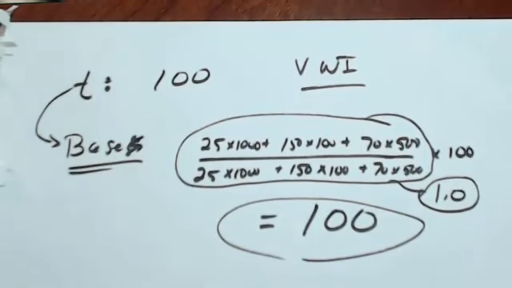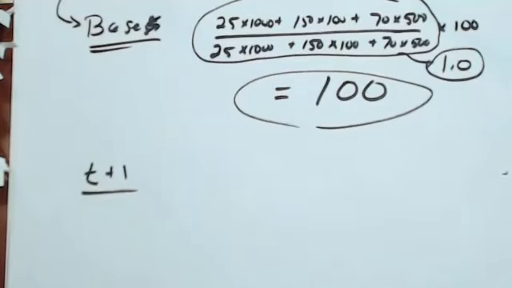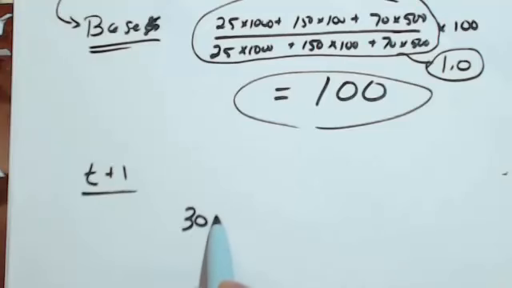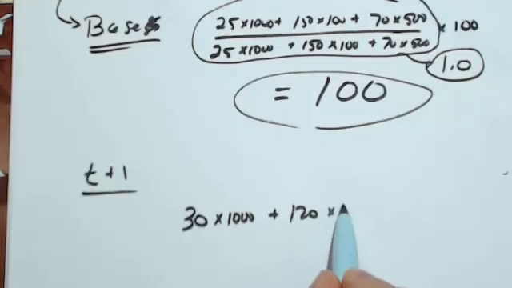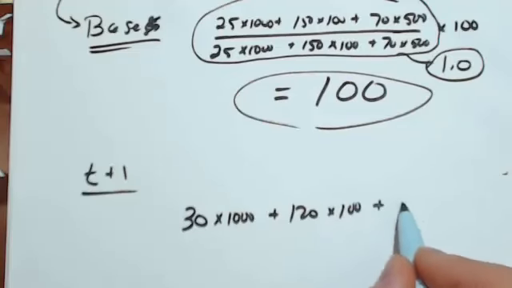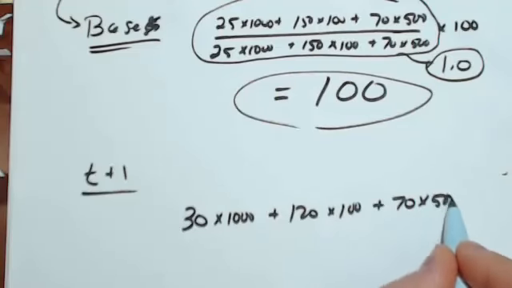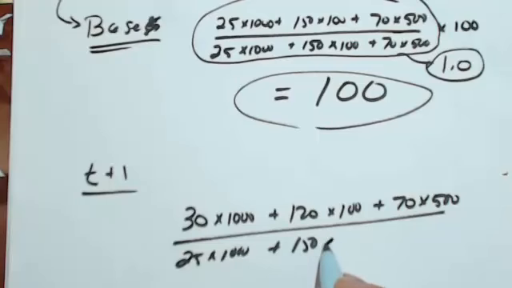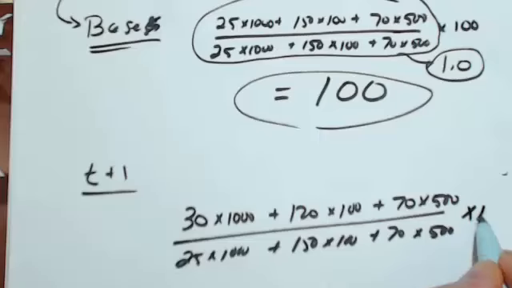You're going to need to ask yourself, what is the market value of the index at time t plus 1? Well, it's $30 times 1,000 shares plus $120 times 100 shares plus $70 times 500 shares, divided by the base, times 100.